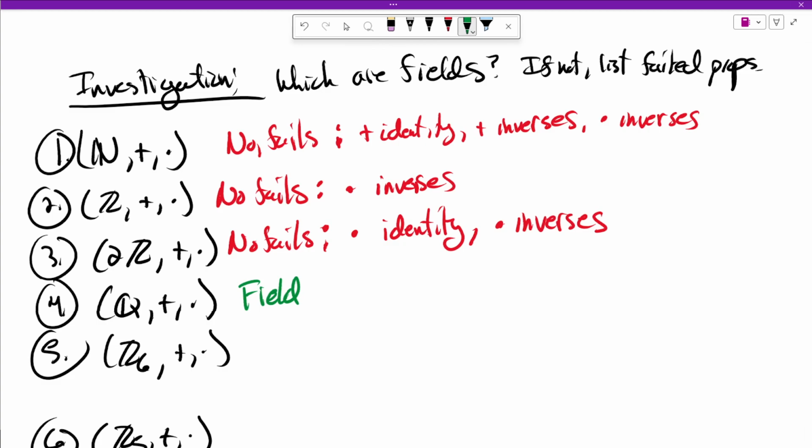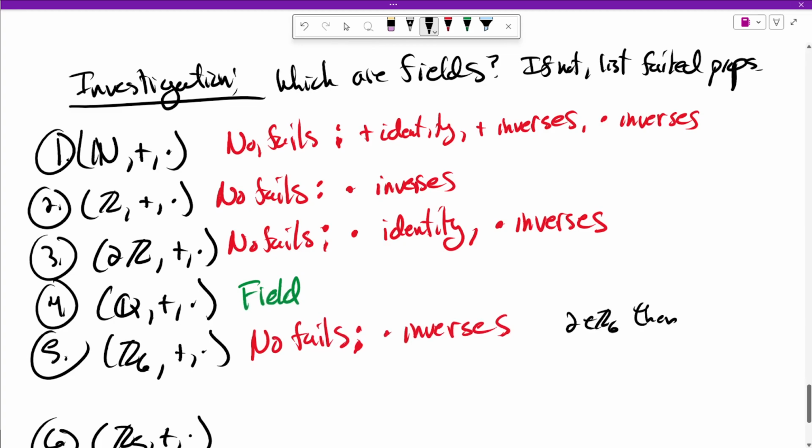Is Z6 a field? I think you have, at this point, worked out the multiplication table for Z6, and you'll find that multiplicative inverses don't always exist. In particular, if we look at 2 in Z6, then 2 times b congruent to 1 mod 6 is not solvable.